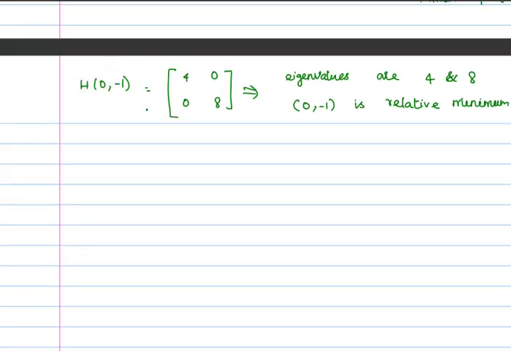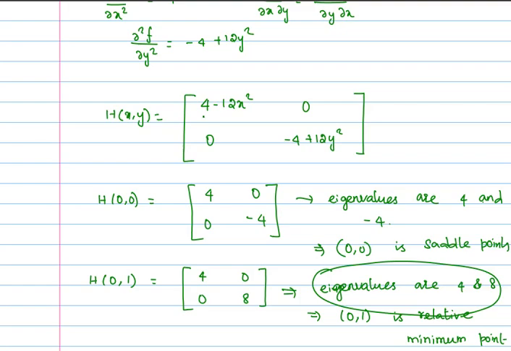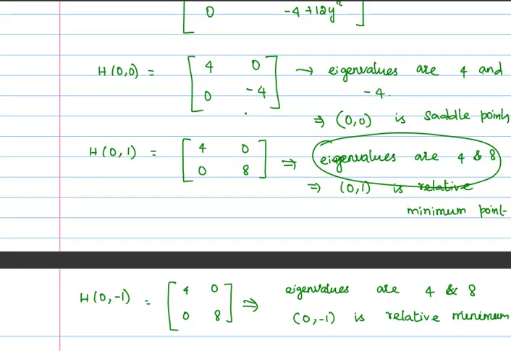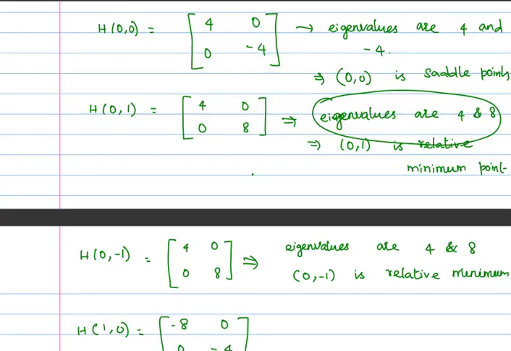Next I want to calculate another stationary point, h of 1 comma 0. So, h of 1 comma 0 means our matrix is, this is 1, so 4 minus 12, we got it as minus 8, 0, 0 and minus 4, because y is 0 means minus 4.